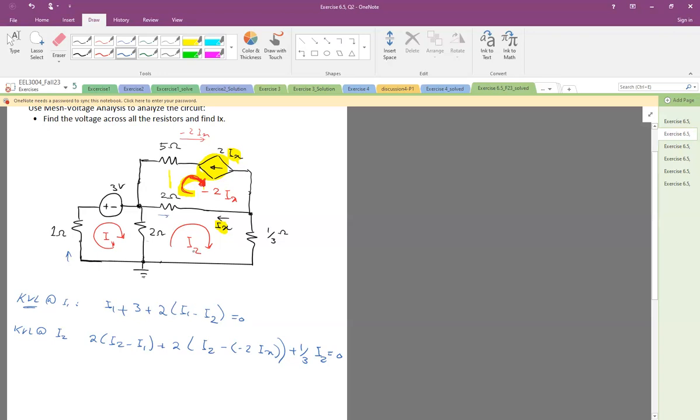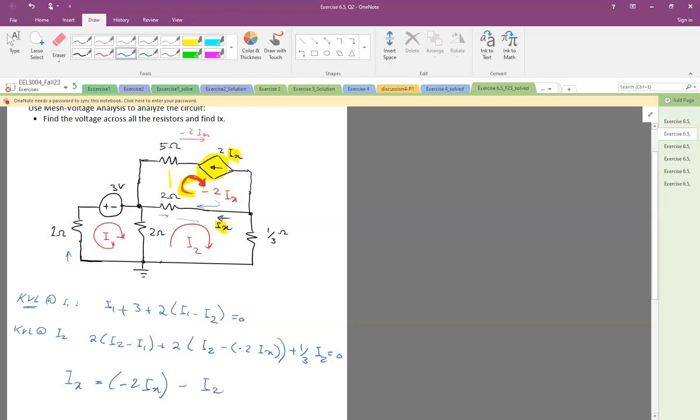In this case, basically, we know that Ix here, the current that is going this way, is this current minus that current. So that current is minus 2Ix minus I2. Okay, everybody sees that?